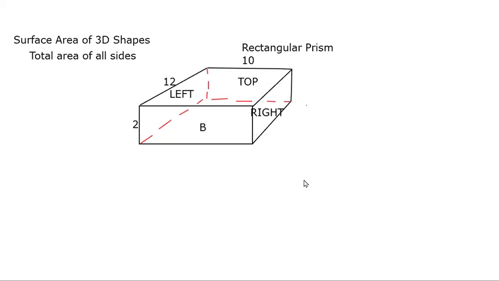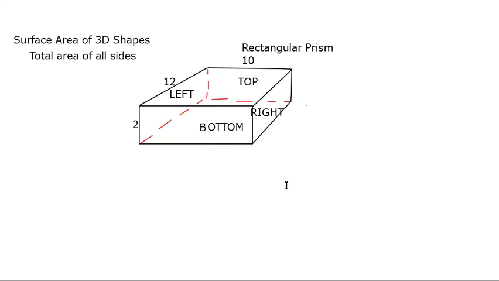And then we have the front and the back. I'm not going to label the front and the back because I think we can see them. But let's figure out the area of all of these sides.